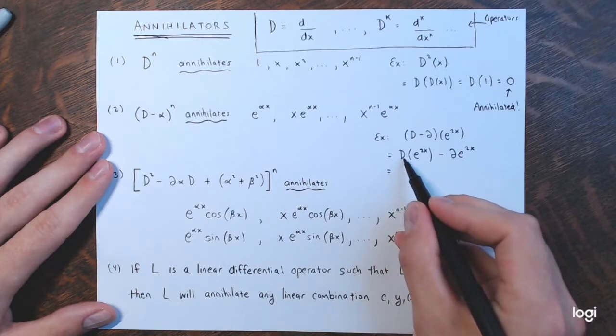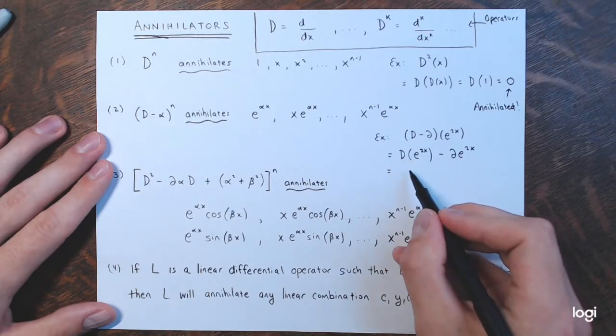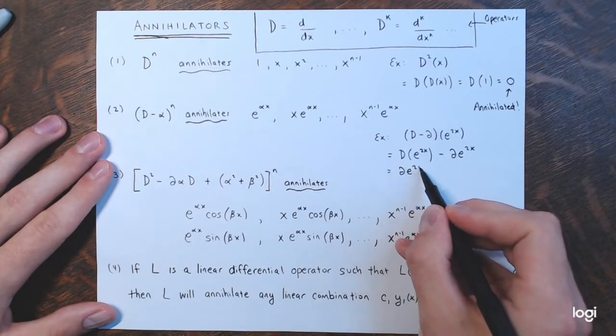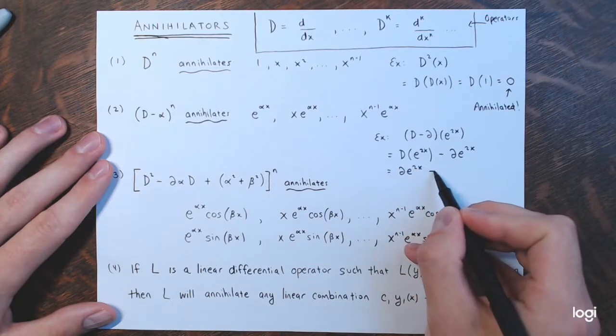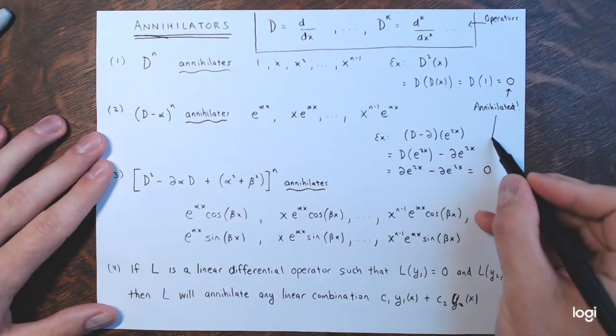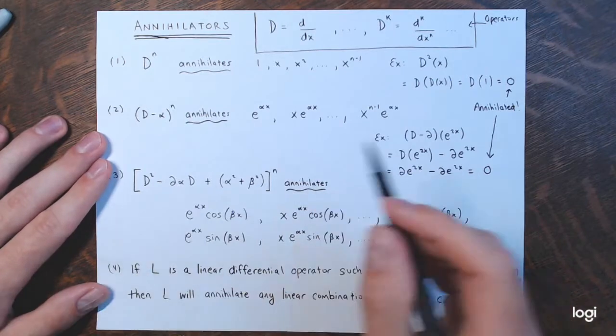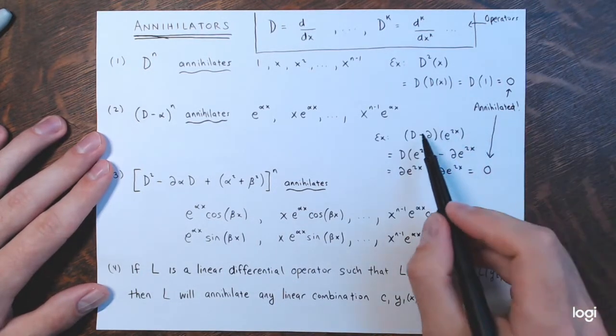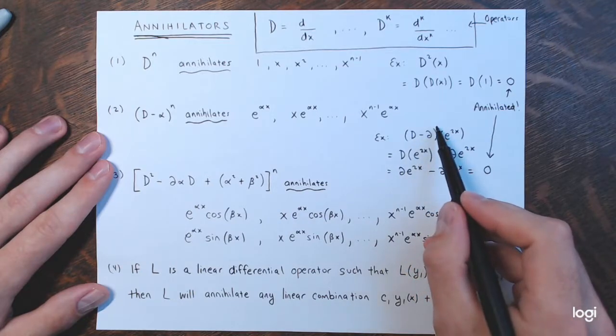Now if I apply D to e to the 2x, that's the derivative of e to the 2x with respect to x, that'd be 2 e to the 2x, and then minus 2 times e to the 2x, and you see that we get 0. So e to the 2x is annihilated by D minus 2 to the first power.